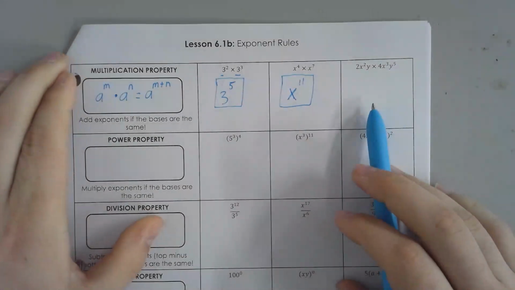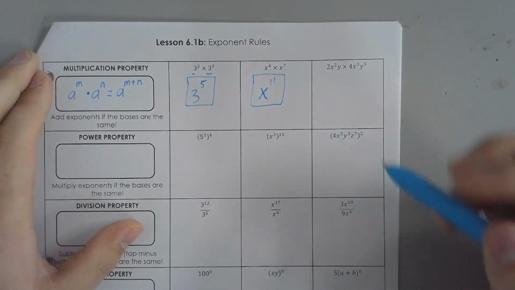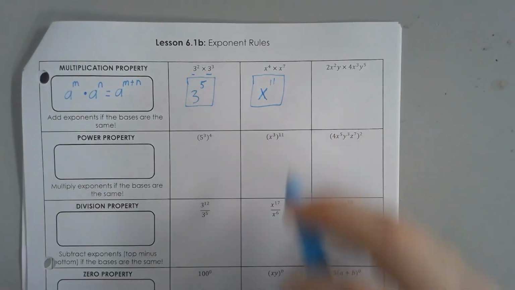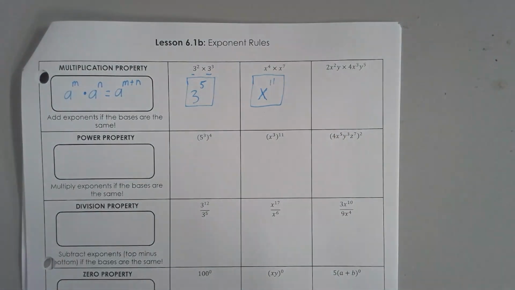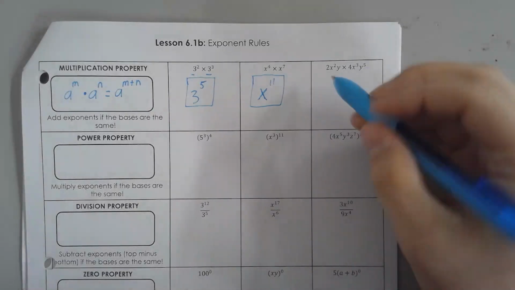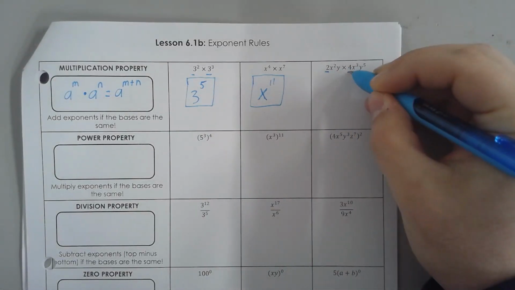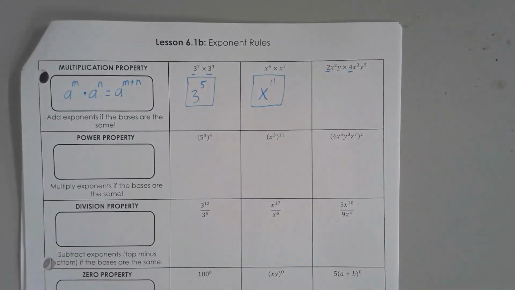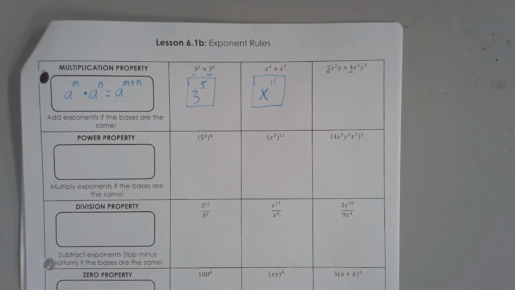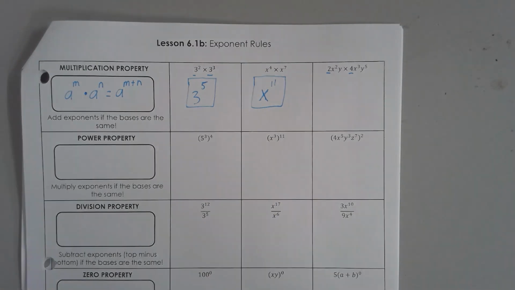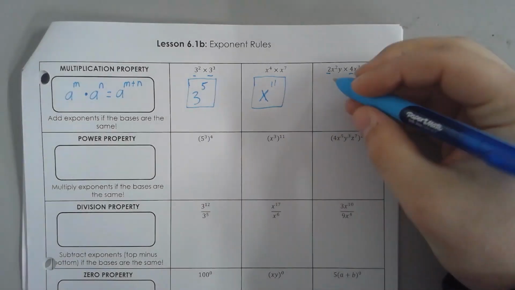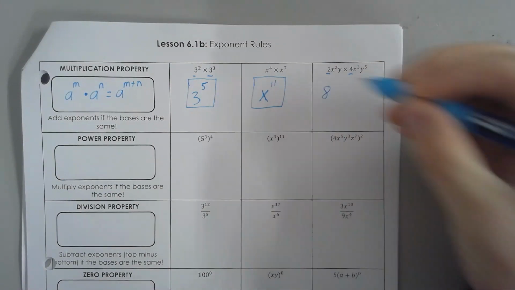Alright, let's look at this third example over here. So here we've got a 2 and a 4. Now when it's like this, when you have coefficients, numbers attached to variables, and you're multiplying, then you can multiply them. So we've got a 2 and a 4. 2 times 4 is 8.